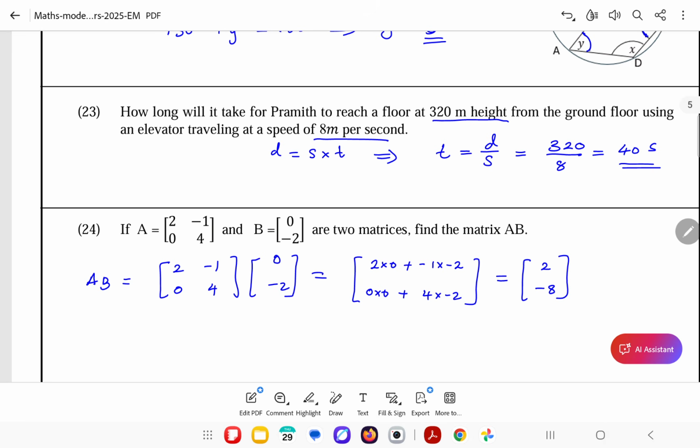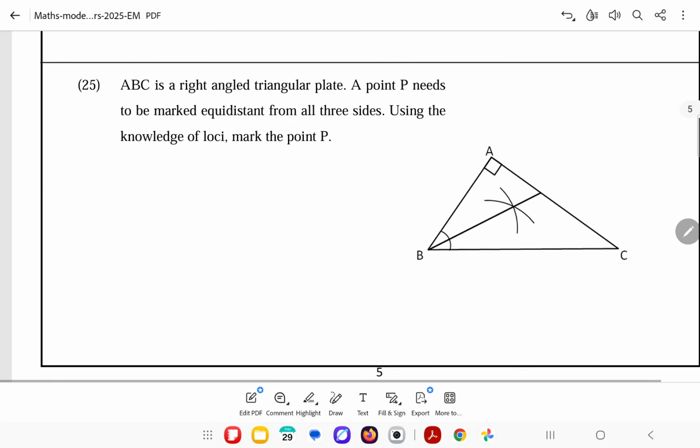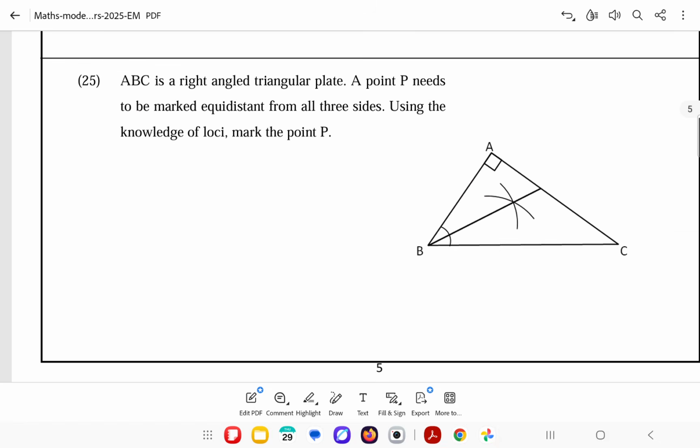Right, now let's look at 25. ABC is a right angle triangle plane. A point P needs to be marked equidistant from all three sides using the knowledge of loci.